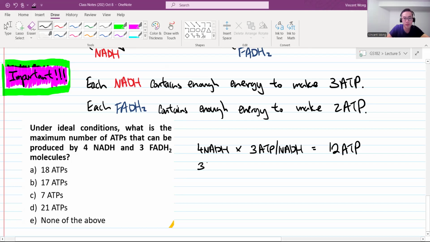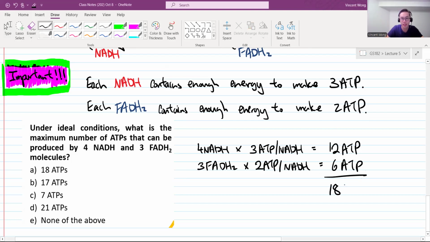And then we have 3 FADH2 multiplied by 2 ATP per FADH2. Again, why is this 3? Why is it 2? It's just something that you have to memorize. Just kind of take it for granted. It's numbers that I give you. So 2 times 3 is 6. And when you add them together, 12 plus 6 is going to give you 18 ATP. So that's the answer.